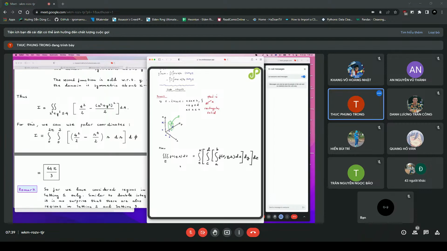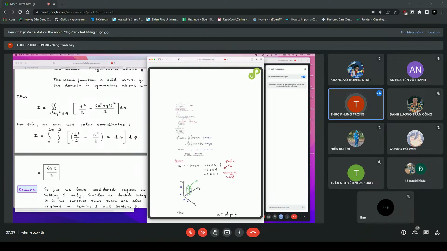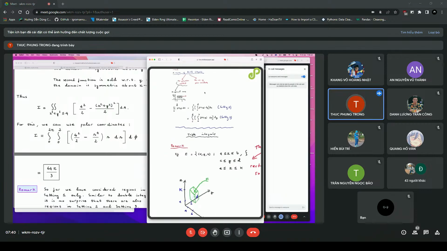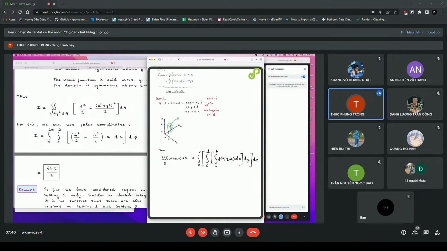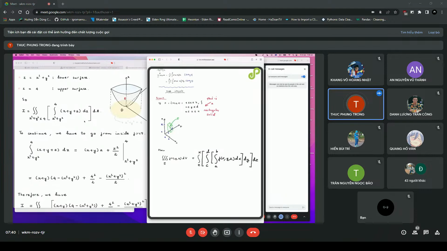So what I'm trying to do is to show you that we had something very similar to this when we considered double integrals. Let me show you why we had this formula. The answer is we just applied the projection method, exactly what we are discussing right here.